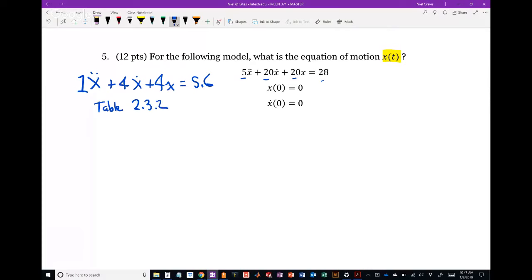Okay, and so we say here that a equals 4, b equals 4, that tells us that this is case 2, which is when a squared equals 4b. Okay, so this is case 2.